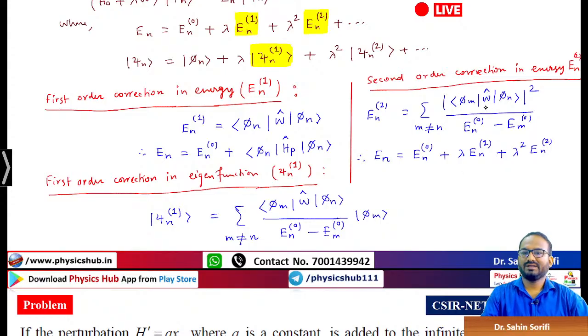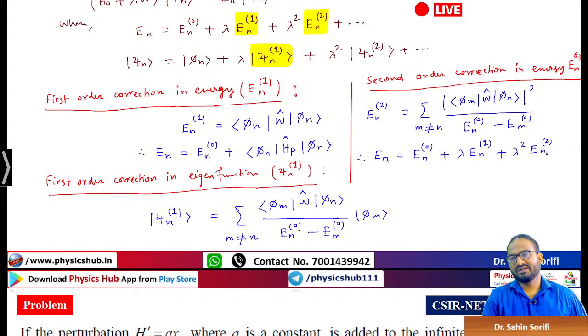If you write Hp here instead of W, obviously this lambda will be absorbed. We can write lambda times phi n W phi n, or we can write phi n Hp phi n, depending on you. If you are putting Hp here, then there is no need to write lambda.